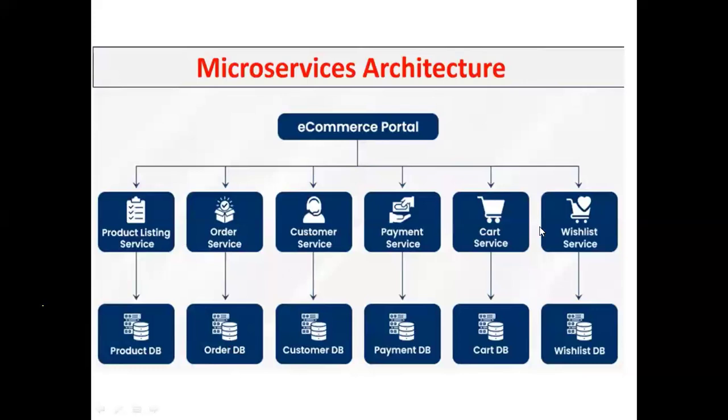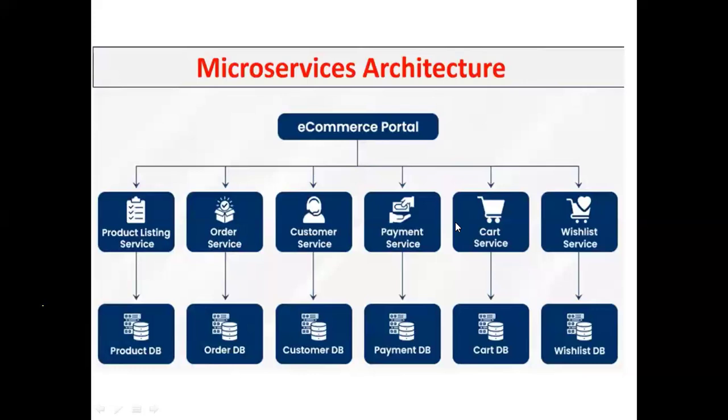Now, in the case of a microservice based application, suppose as of now in this scenario, how many modules do you have? Suppose there are 6 modules. So how many containers do you need to create, how many applications do you need to containerize? You need to containerize each service, and run each service in a separate container. So at least 6 containers are required to run your product listing service, order service, customer service, and so on.